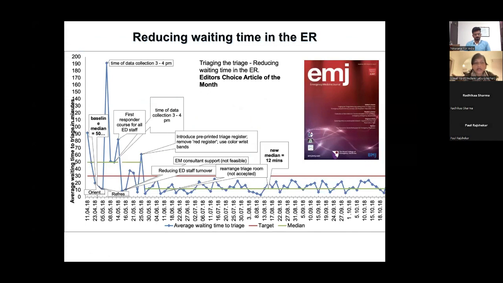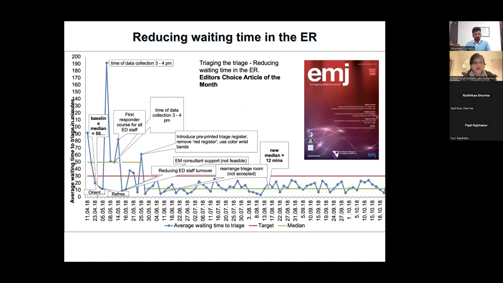Yeah. This is another example. This was in the emergency department at AIIMS in Delhi. Really challenging because it's an open system. It's not closed like an ICU or a ward. They worked on reducing waiting time prior to first medical contact, which was almost an hour.